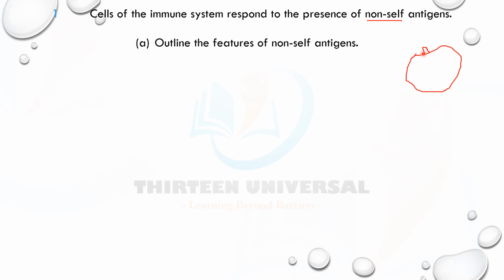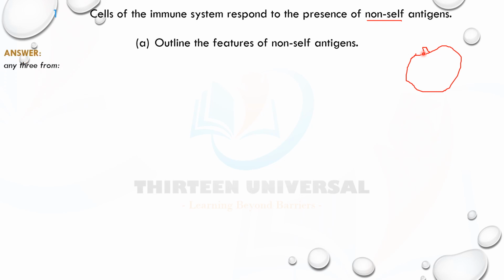So the first thing to write is that they are found on pathogens or infected body cells. They're usually proteins or glycoproteins. They cause the formation of antibodies that are specific to them.